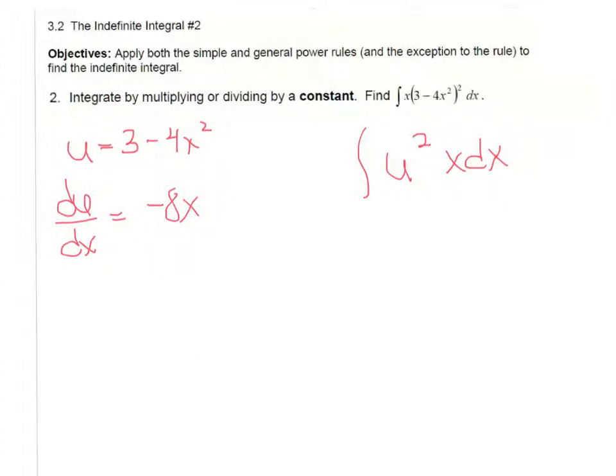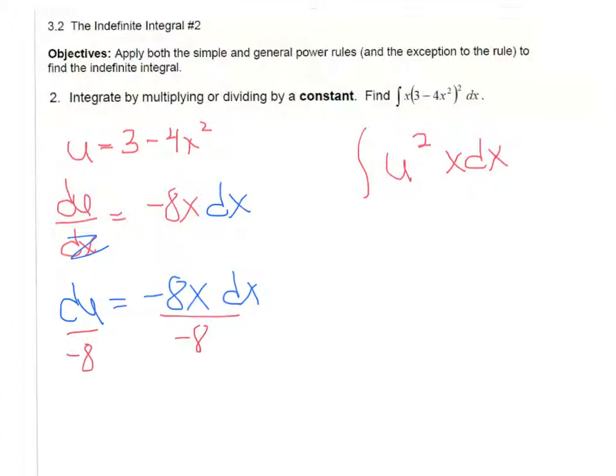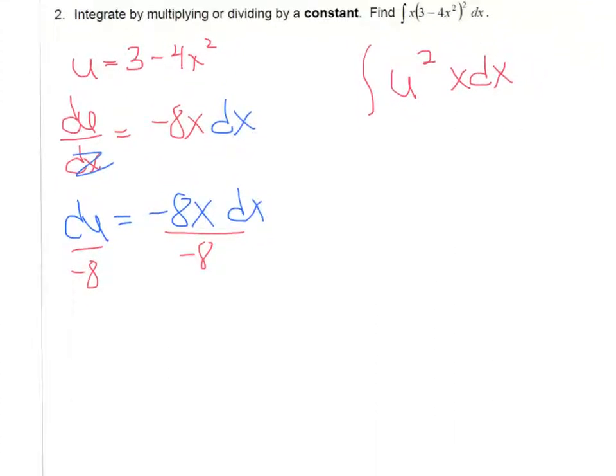So I'm going to multiply dx to the right. So du equals negative 8x dx. And then I'm going to divide by the negative 8. So what we have is du over negative 8 equals x dx. So now I can replace this x dx with du over negative 8.